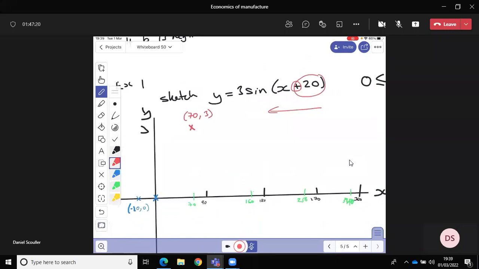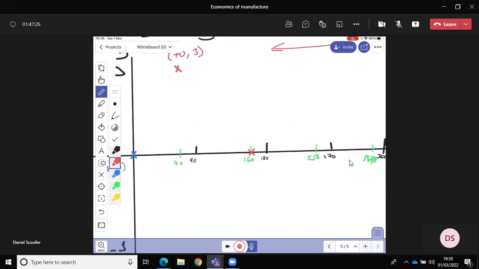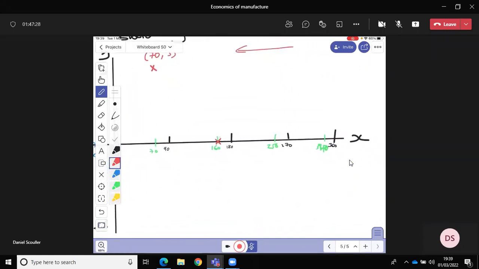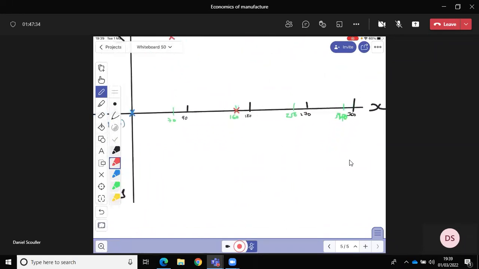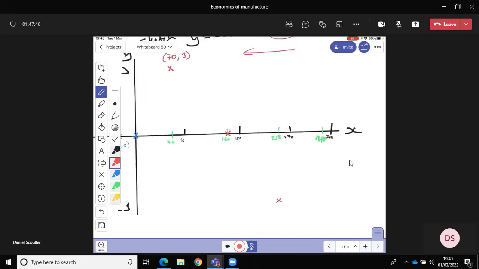It's then going to cut through the x-axis at 160, and the minimum is going to be when x is equal to 250, minus 3, which is about here. And then it completes at 340 instead of 360. It's moved along.